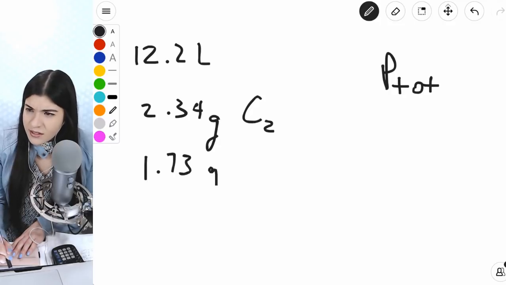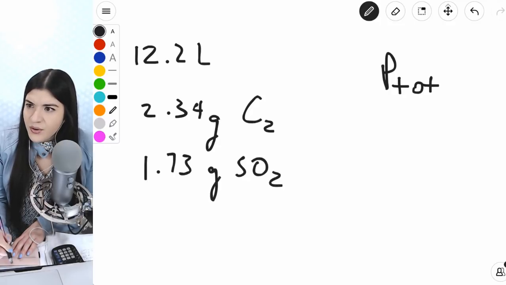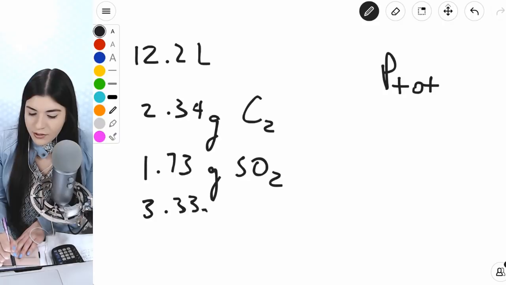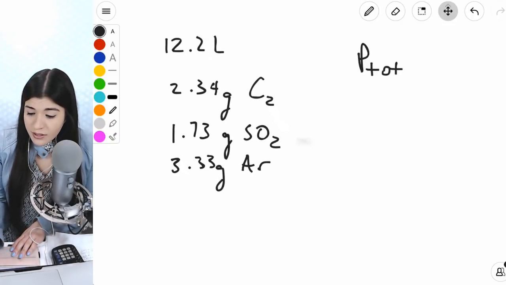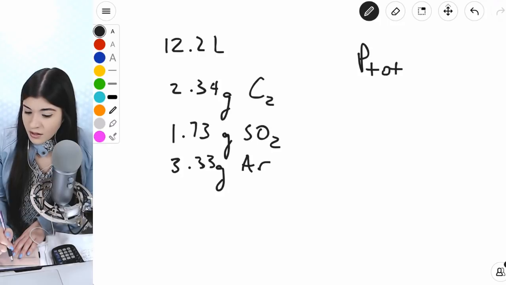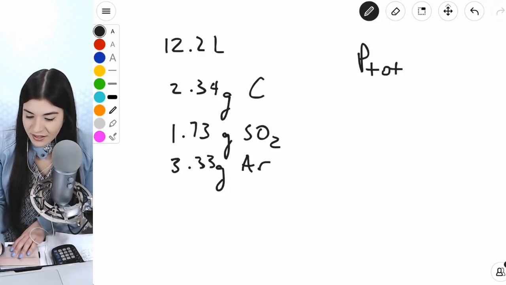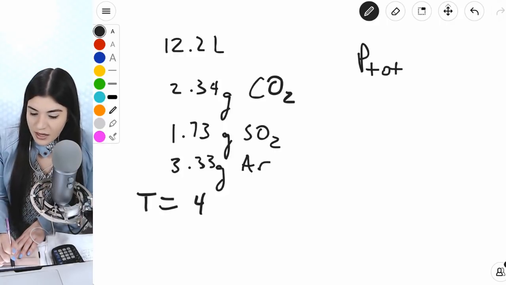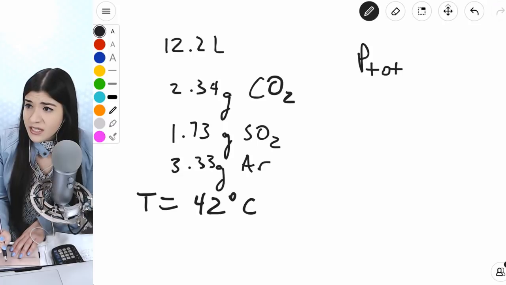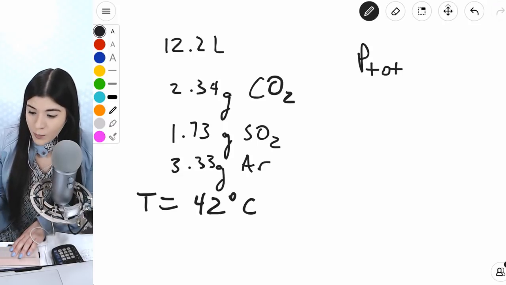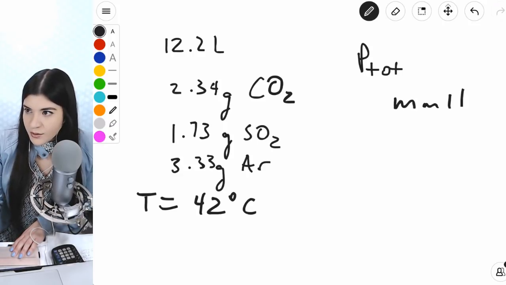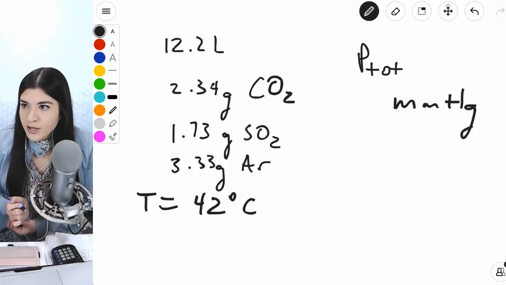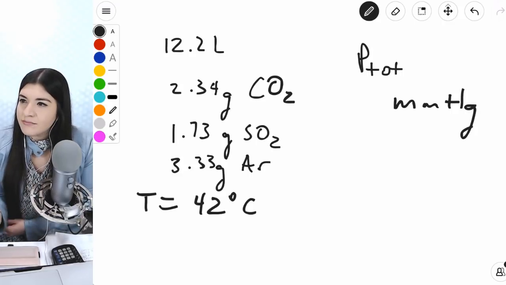Oh, you meant CO2, okay, thank you. Perfect, that's helpful. It also contains 1.73 grams of SO2 and 3.33 grams of argon. Our temperature is 42 degrees Celsius, and we want our pressure in millimeters of mercury. What is the partial pressure of each gas?